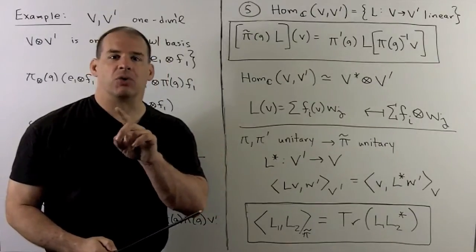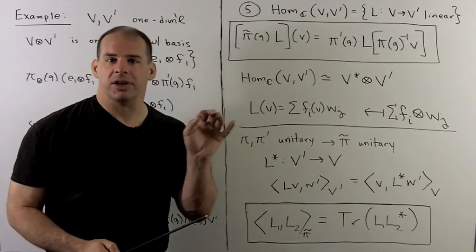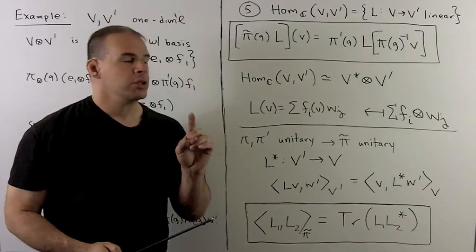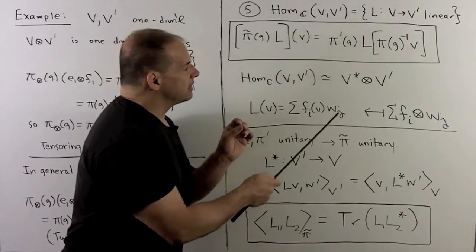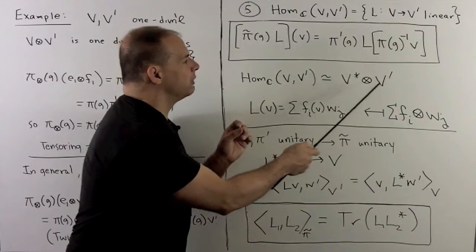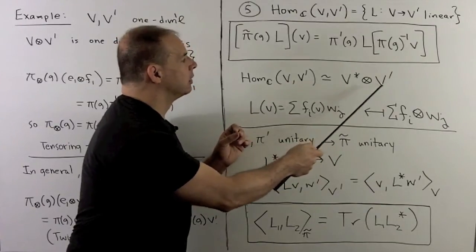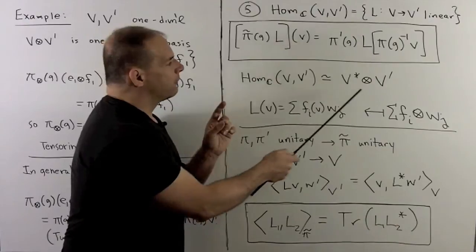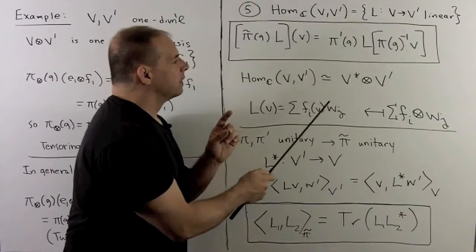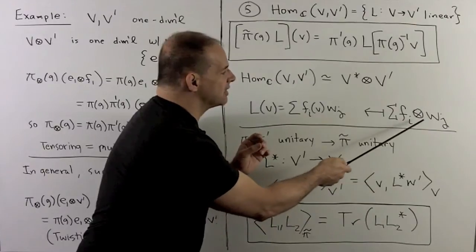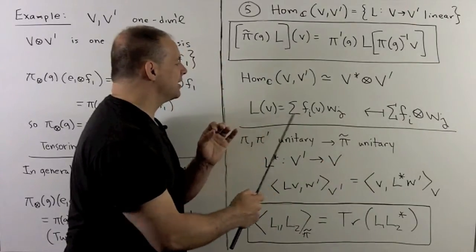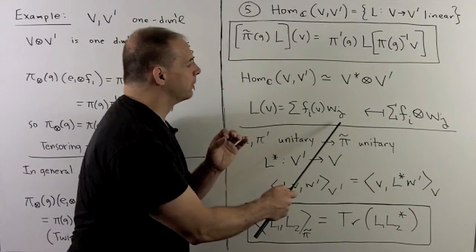Now, this actually arises nicely if we track out the isomorphisms. So we're going to have a vector space isomorphism between Hom and the tensor product of the dual of V with V prime. Going from right to left, if I take a linear combination of monomial tensors, I could send these to a linear transformation defined as follows.